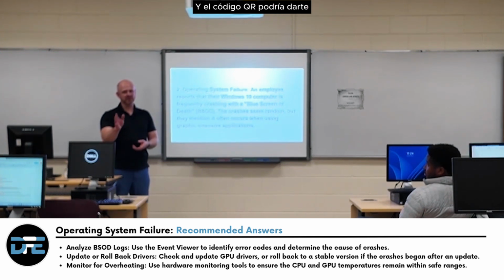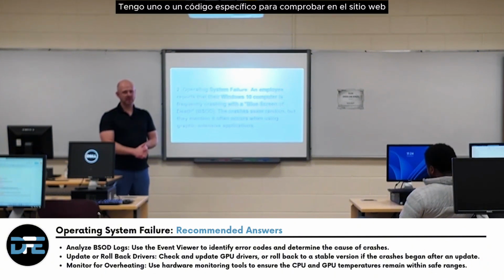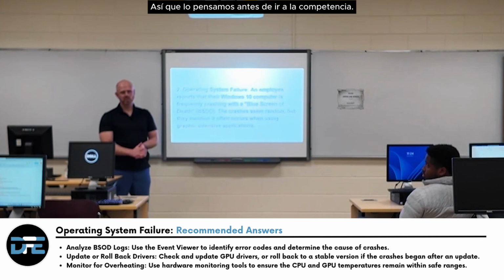The QR code might give you a specific code to check on the website. Before we start doing the troubleshooting, we would make a backup, and check if the GPU for that machine is compatible with the application.